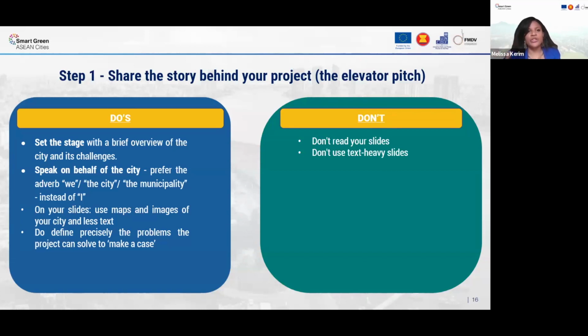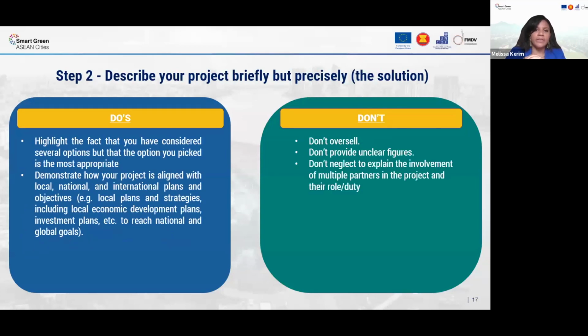So I would rather, during this presentation, show images of the challenge you are trying to address and show some striking figures. For example, if your project relates to flooding, then you will have some pictures of the floods that happened in your city recently, and show some figures of the effects of the floods.